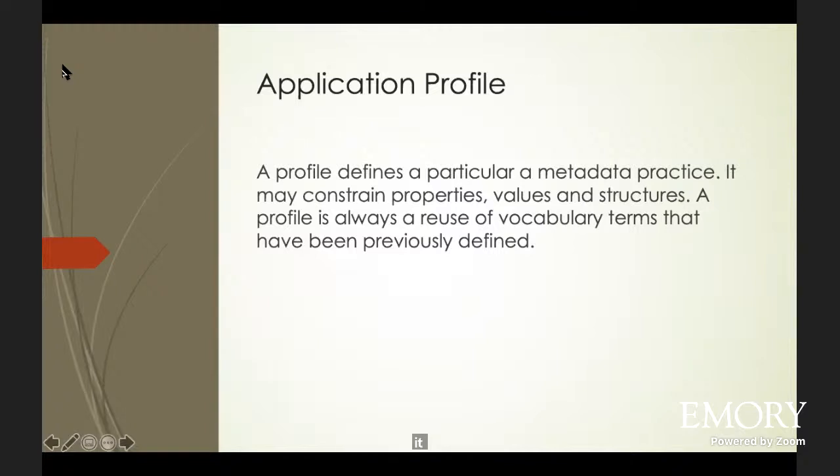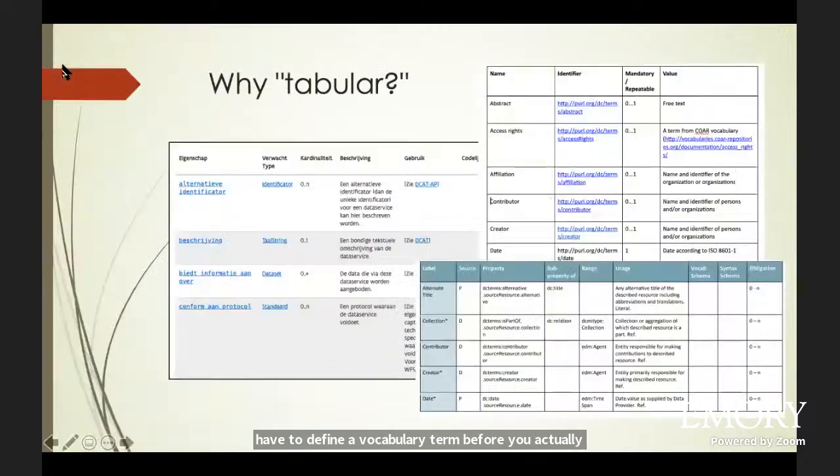And that means that if you have things that you need to do that haven't been previously defined, you're going to have to define a vocabulary term before you actually use the term in your application profile.